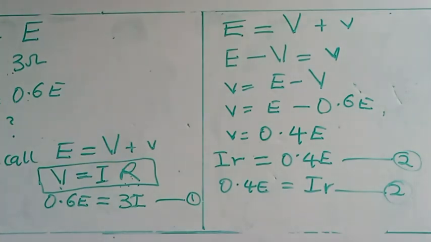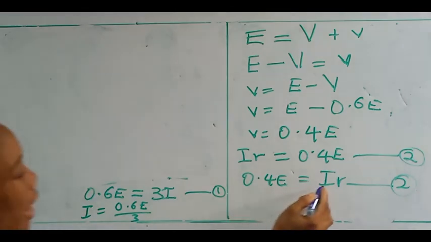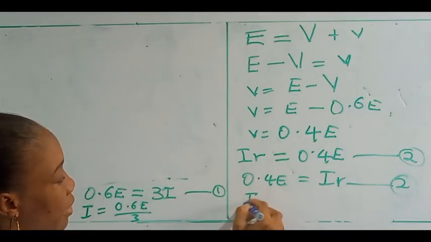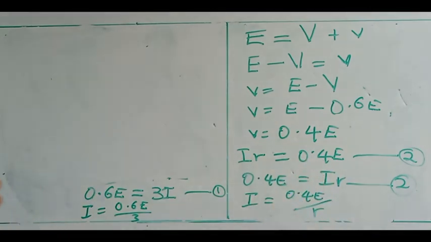Okay, now I'm going to solve these equations together. Let me make current the subject of the formula here, so that current will be 0.6 E over 3, and current here will be 0.4 E over R. Now, for this circuit, the same current flows through.